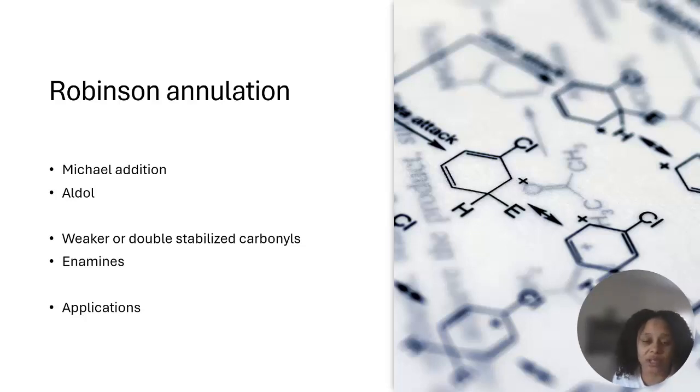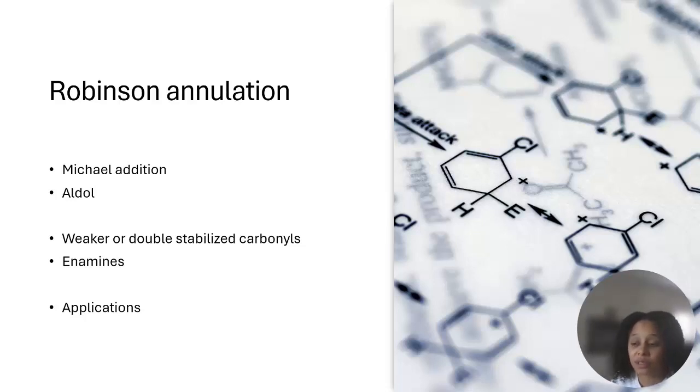We're going to go through the mechanism again, but let's talk a little bit about some applications of these. We've been talking about applications in class many times. We have our molecule of the week every week. Sometimes we have our green chemistry application. One application for this is that we can make a lot of these molecules that are multiple rings, and as you can see in some of the applications that we've talked about so far, a lot of them had rings, and a lot of molecules in nature have rings.